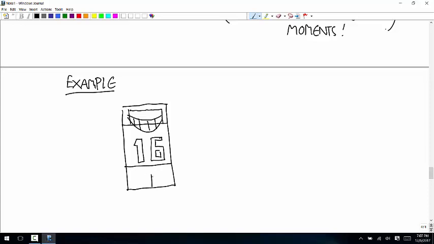Okay, so that's a football player. And let's say that mass is, what, 100 kilograms.